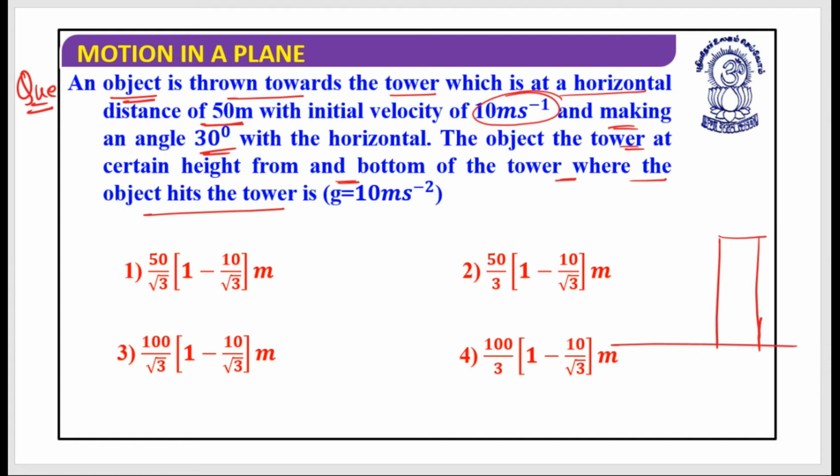This is the tower, and from here an object is thrown towards this tower at 10 meter per second, making an angle of 30 degree with the horizontal. It might hit somewhere here. You require this. I hope these things are clear.